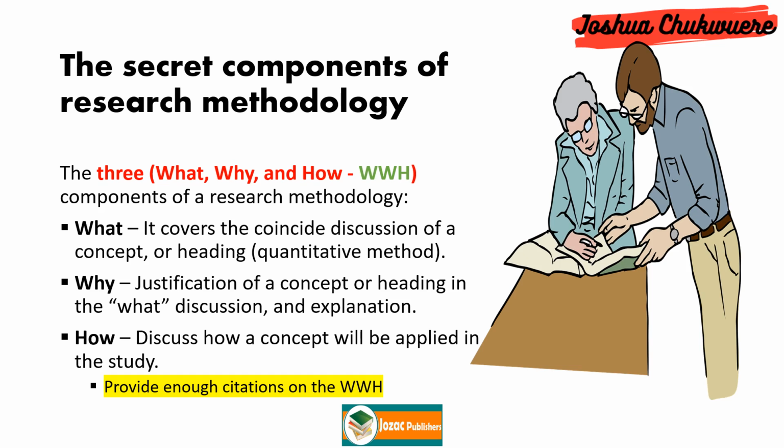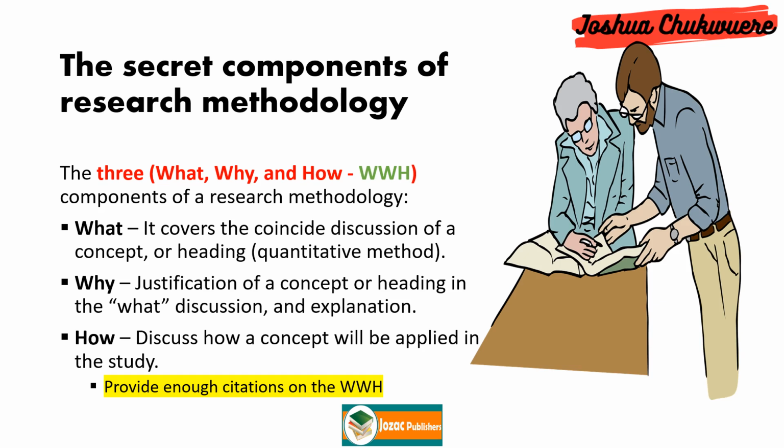So under the what part of your research methodology, you provide the reader good information that discusses everything you think covers that heading. Remember to provide your citations and so on. Okay, and that is it.